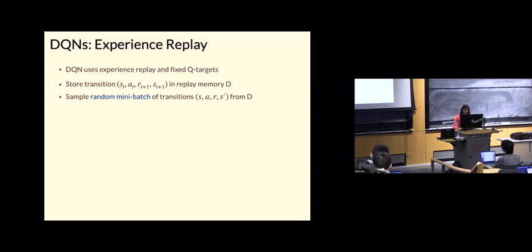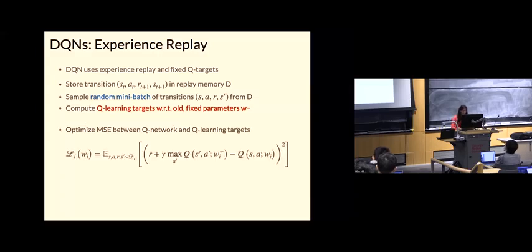You sample some random mini batch of those transitions from the experience buffer D, and then you compute the Q learning targets with respect to the old fixed parameters W minus, and then you optimize essentially the mean squared error between the Q network predictions, Q(s, a; W_i), and the Q learning targets that are given by your W_i minus, all right?